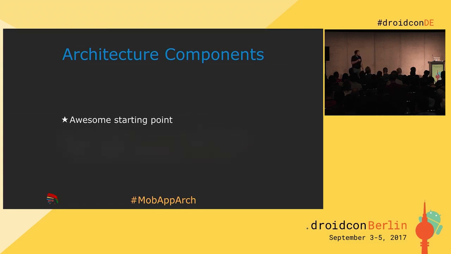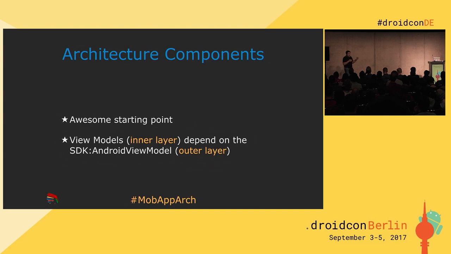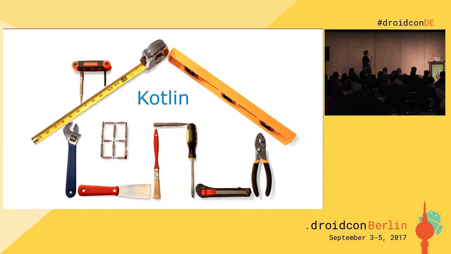Your view models have a dependency on the SDK, which is in an outer layer. So if you want to go with a clean architecture, architecture components, maybe not there, okay? That's my opinion. But I will be glad to discuss that during beers later, probably before the beers, okay?